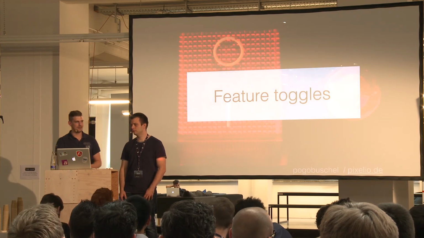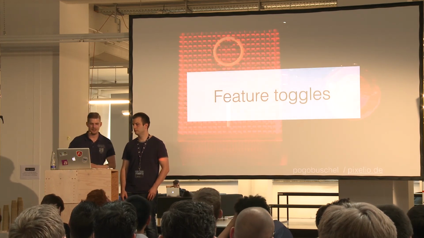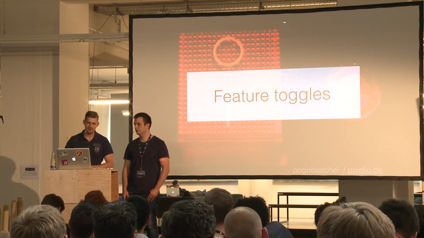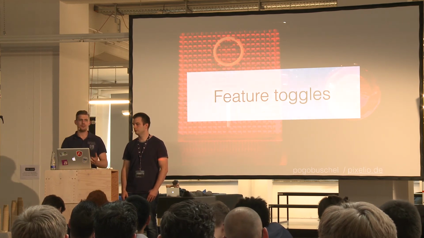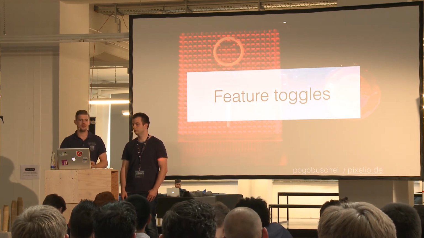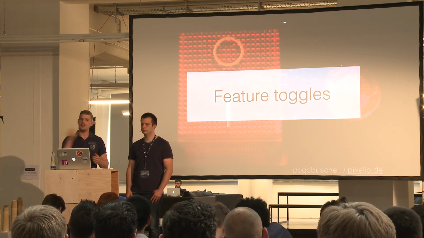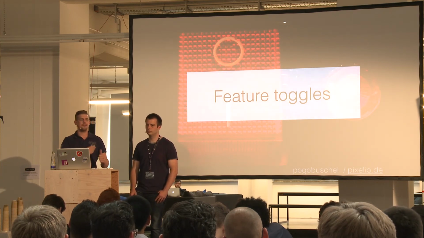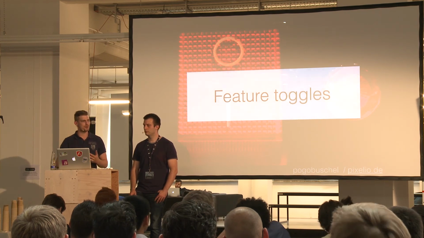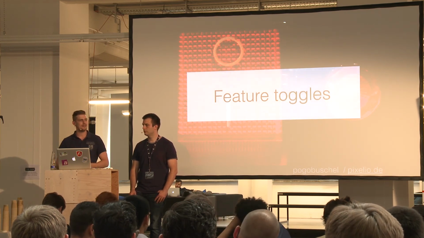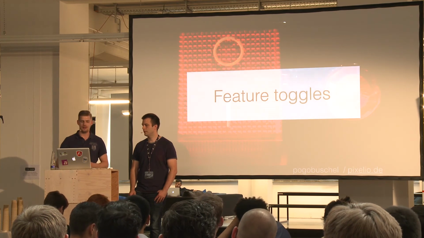About the fear: on new features, you should always implement feature toggles. With a feature toggle, you can enable or disable a feature, a page, a route, access to the backend APIs, or something like that.